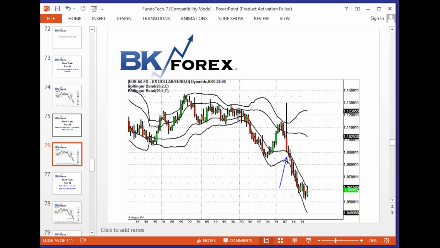And you check the last 2 candles. Let me get my little arrow to point it to you. Check the last 2 candles, and you see that it's above the first standard deviation Bollinger Band. That's when you have the parameters for selling.